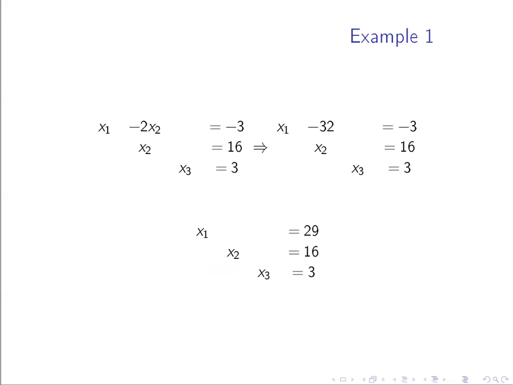That is our solution right here, where the first one is our x1, the second one is our x2, and the final one is our x3. So this is how we can solve a system of equations using matrices.